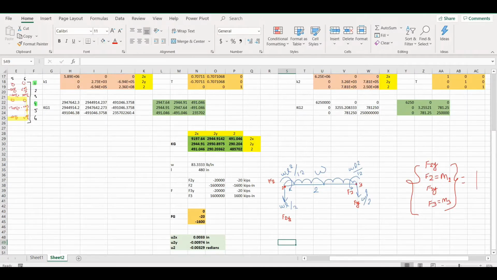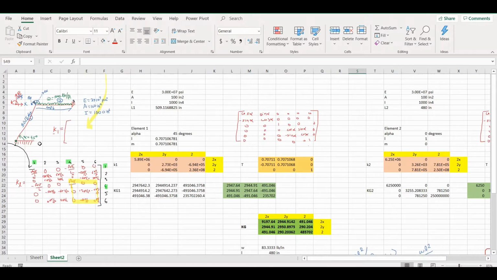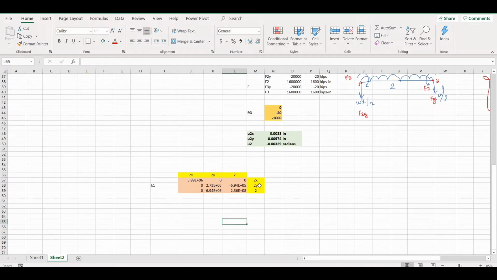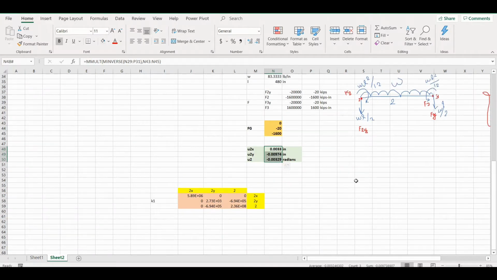To obtain our forces, what we can do is we have our local stiffness matrix, which is this one. Now let's just copy this thing down. These displacements are occurring in the global axis.